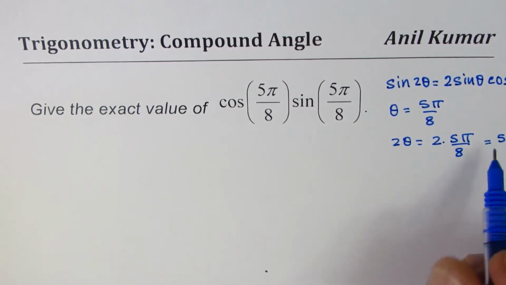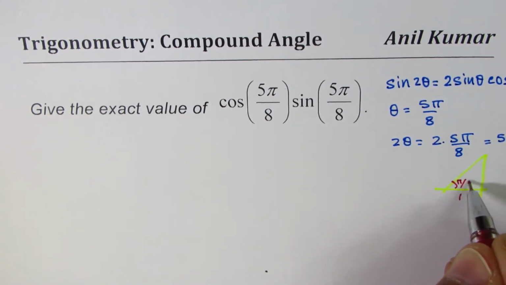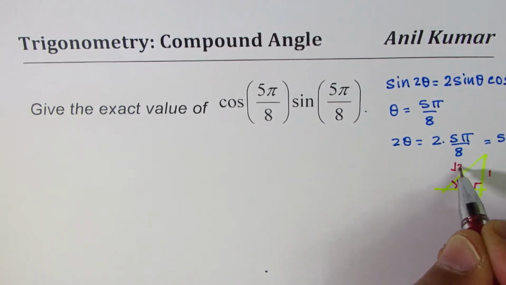Now we know what pi by 4 results into in trigonometric ratios. Let me sketch a simple right triangle here to explain this part, and then we'll move on with the solution. Let's say this is pi by 4. Pi by 4 is 45 degrees, and the hypotenuse will be square root of 2.